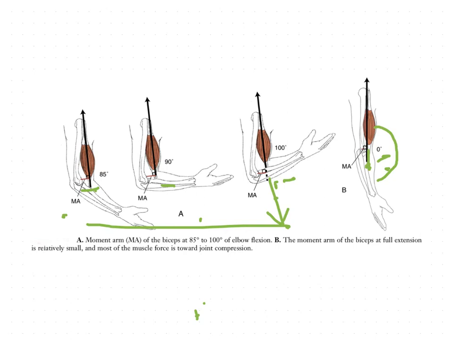So through the entire range of rotation, that is from supination to pronation and pronation to supination, the biceps acts as a supinator along with the supinator through the entire range of forearm rotation.